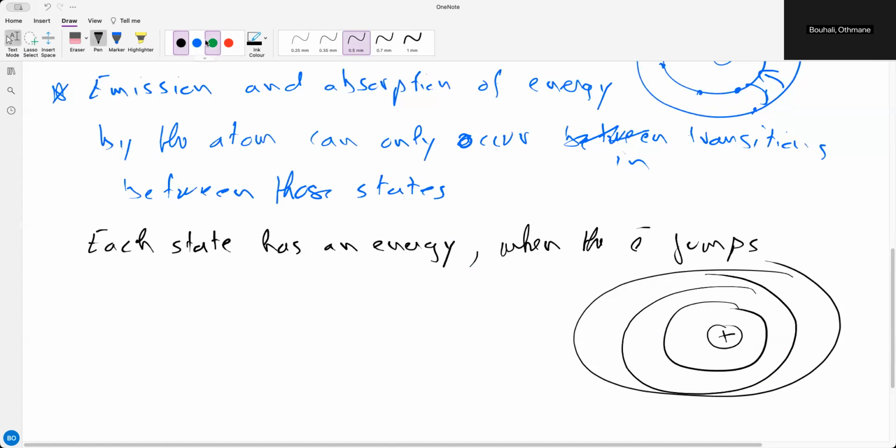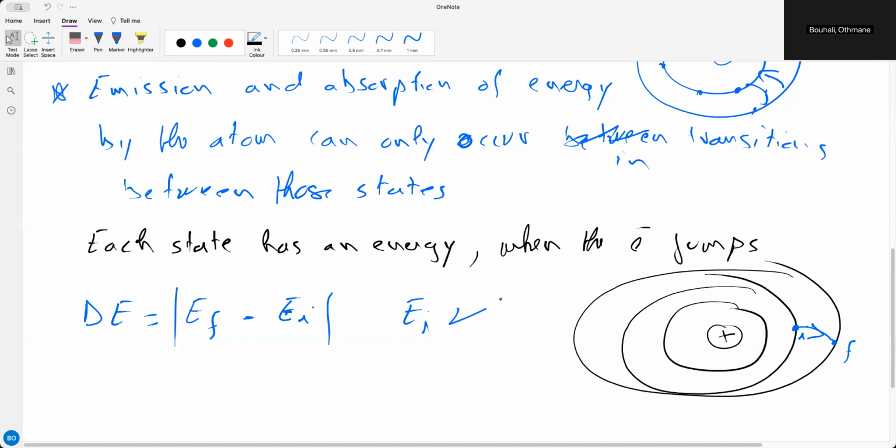For example, if the electron jumps from this state, which I will call the initial state, to a final state, the energy absorbed or emitted during this transition is equal to the final minus the initial energy. We will calculate this energy later.